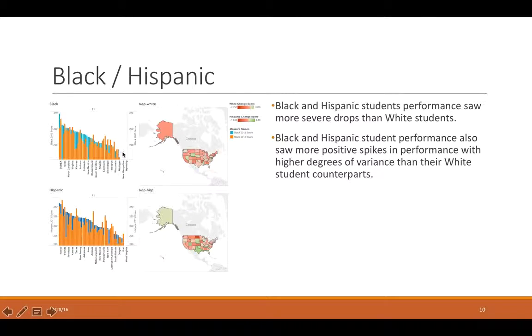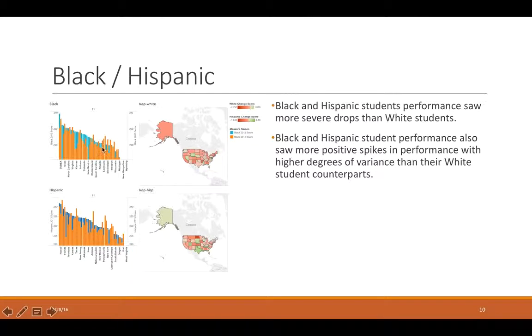But here for the black performance, you notice that overall between black and Hispanic, the test scores start off lower than other students, and you also see higher instances of negative driven spikes in lower performance, and also follow suit with Hispanic as well.